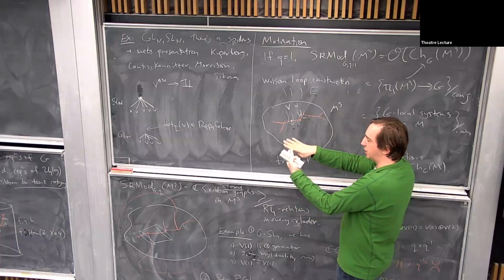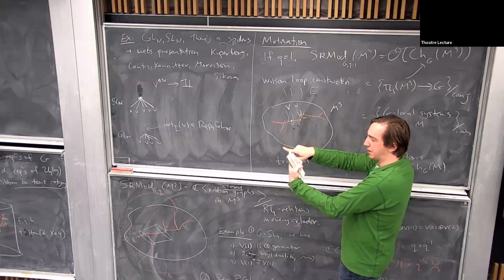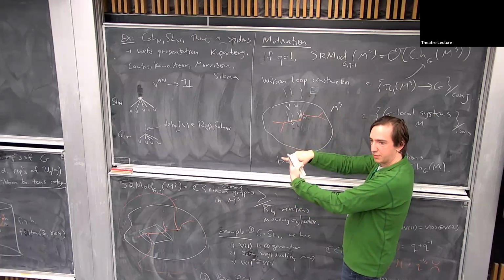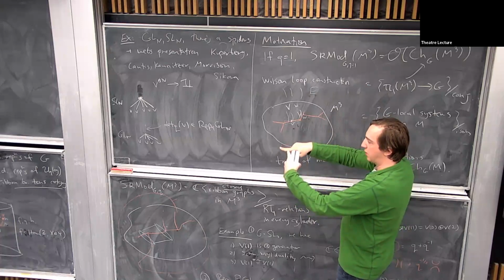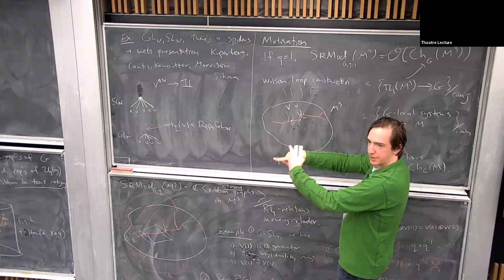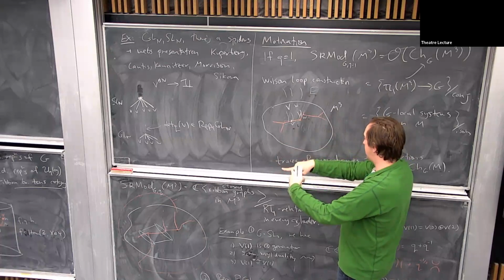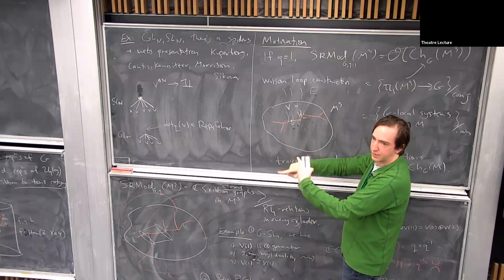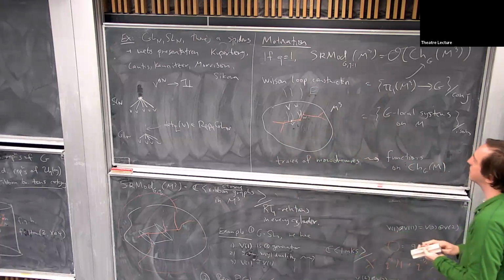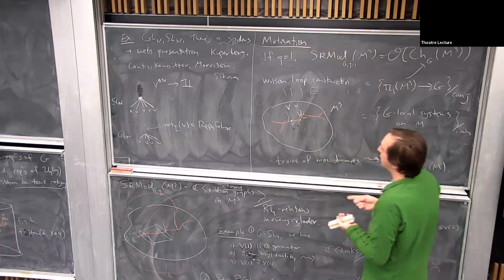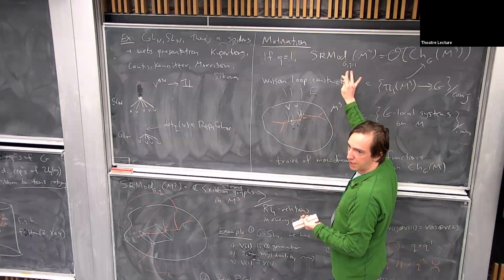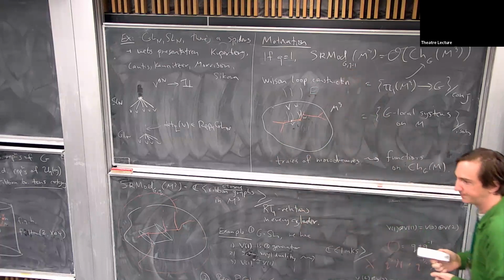But you see, there's an issue if the diagrams have intersecting support, then I need to decide, do I deform this way or do I deform this way? And when I turn on q, I don't have such a choice. So I want to emphasize that when q is not equal to 1, it's just a vector space. It doesn't have an algebra structure.